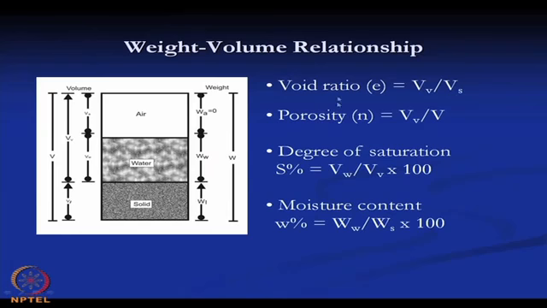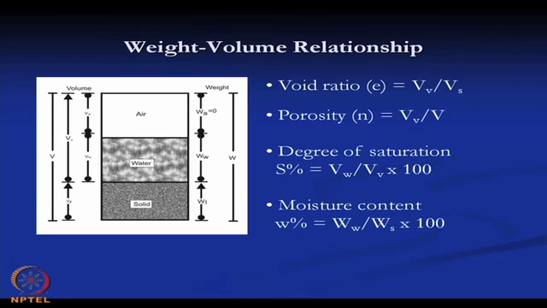From this graph we can say that if it is a totally saturated soil, that means all the voids are filled with water, then this system becomes a two phase system, the solid and the water only, because there will be no air. Similarly, if the soil is completely dry, then the total void will be filled by the air.